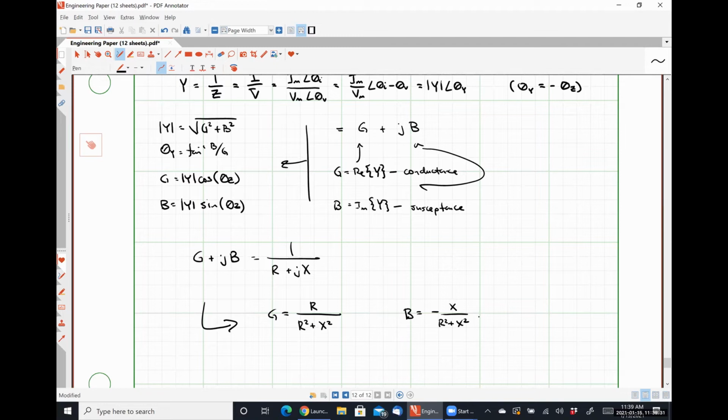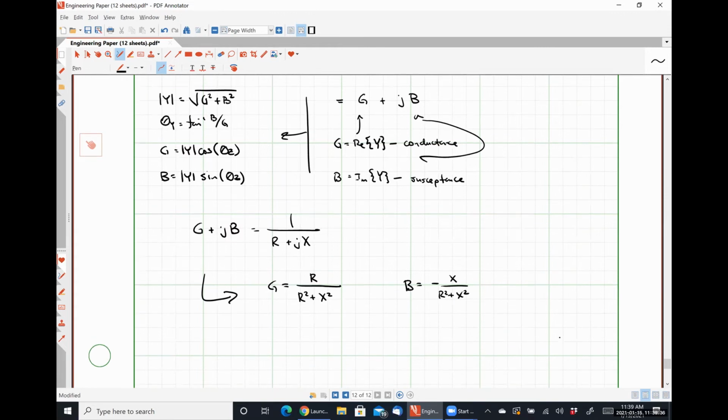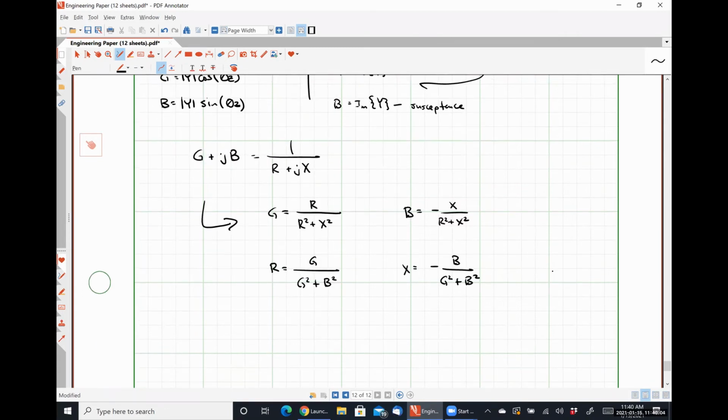So this is telling us what our conductance and susceptance are in terms of our resistance and reactance. And we can go the other way around as well. Resistance is G divided by G squared plus B squared. And lastly, X is equal to negative B over G squared plus B squared.